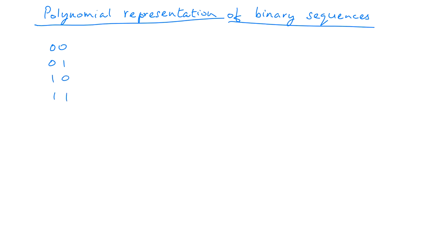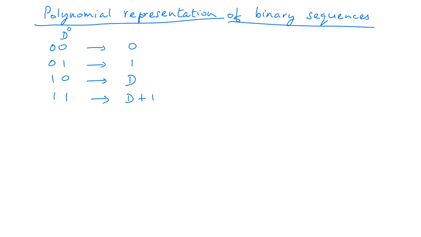Okay, if you want to represent this as a polynomial, basically it's like, in this case, the polynomial is 0. In this case, the polynomial is 1. In this case, the polynomial, we'll call it d. And in this case, it is d plus 1. How did we get this? The rightmost bit is d power 0.